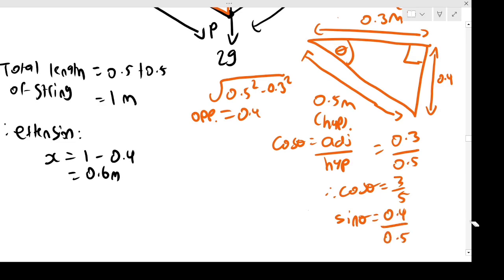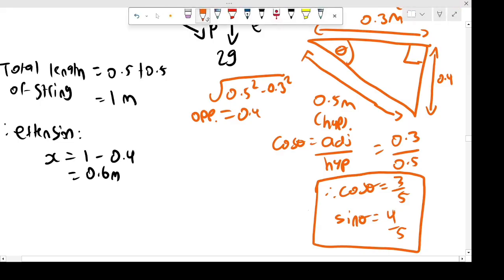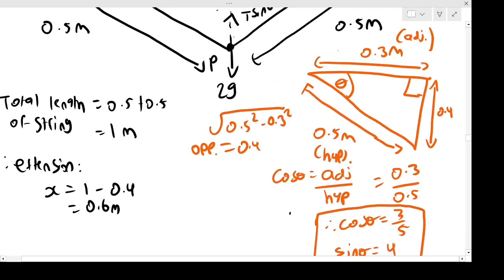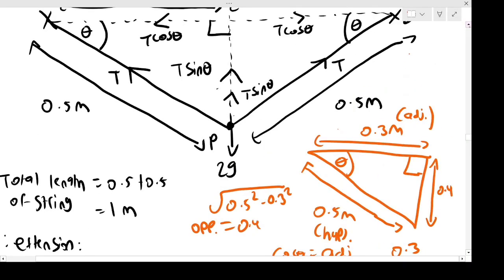That simplifies to 4/5. So now we have an expression for cos and sine theta. We don't need to find theta here, because all we need at the end of the day is just cos and sine.